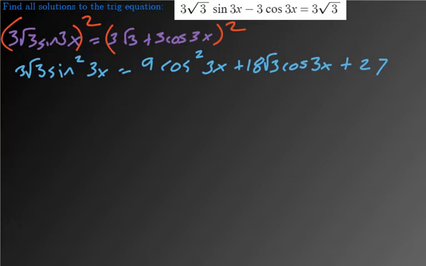It looked like it got a little bit messier, but it's about to get nicer, because sine squared is 1 minus cosine squared, right? And so I can sub that in and then have everything be in terms of cosines at most. So I'm going to use that Pythagorean identity, and instead of sine squared 3x, I'm going to put 1 minus cosine squared 3x.